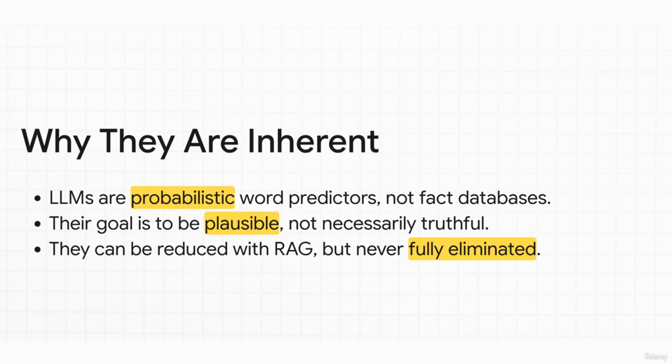Its main goal is to weave together words that sound coherent and statistically likely based on all the data it was trained on. It's not trying to state what is factually true. We can absolutely reduce how often they hallucinate by grounding them with facts using RAG, but we can never fully eliminate the risk that it will just fill in a gap with something that sounds good but isn't actually true.